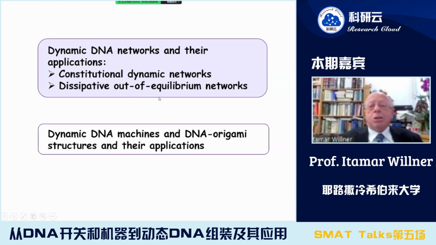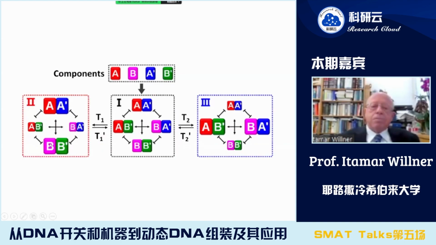One, dynamic DNA networks and their applications. And here I will address and introduce constitutional dynamic networks and dissipative out-of-equilibrium networks. In the last part of my talk, that will be shorter, we will discuss dynamic machines, DNA machines, and DNA origami structures, and I will try to introduce how we can apply them.